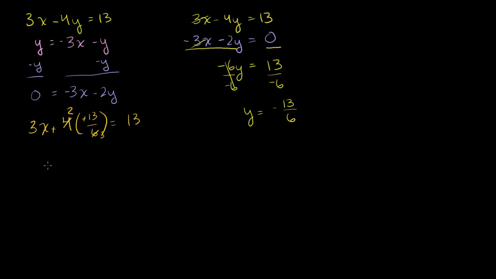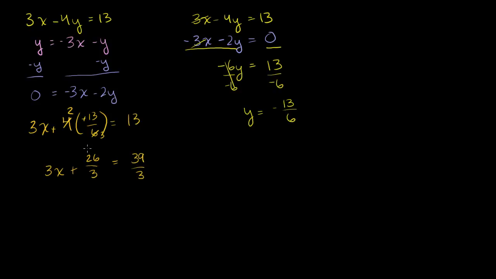So this becomes 3x plus 2 times 13, which is 26 over 3, is equal to 13. Since I'm about to subtract 26 over 3 from both sides, let me rewrite 13 as 39 over 3, right? 39 divided by 3 is 13.